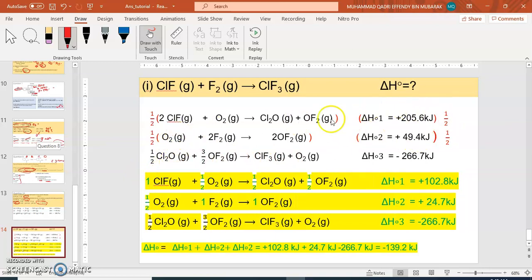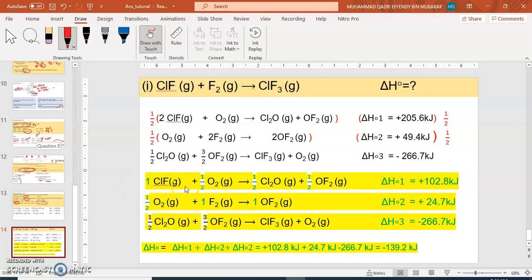The same goes for the delta enthalpy: if we multiply the first equation by 1/2, we also need to multiply the value by 1/2. I name them enthalpy 1, enthalpy 2, and enthalpy 3, so it is easier to write later. Once we convert it, this is our new equation.